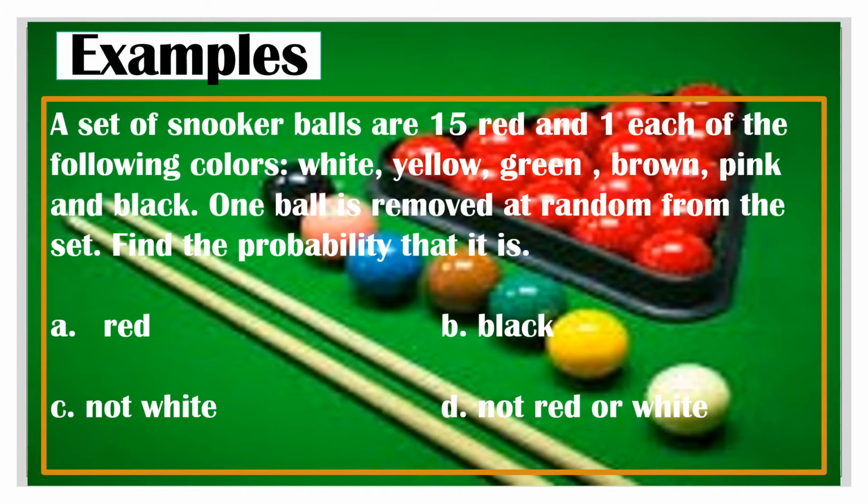Find the probability that it is: letter A, red; letter B, black; letter C, not white; letter D, not red or white. So remember, in the snooker balls, 15 balls are red, 1 ball is white, 1 yellow, 1 green, 1 brown, one pink and one black ball.